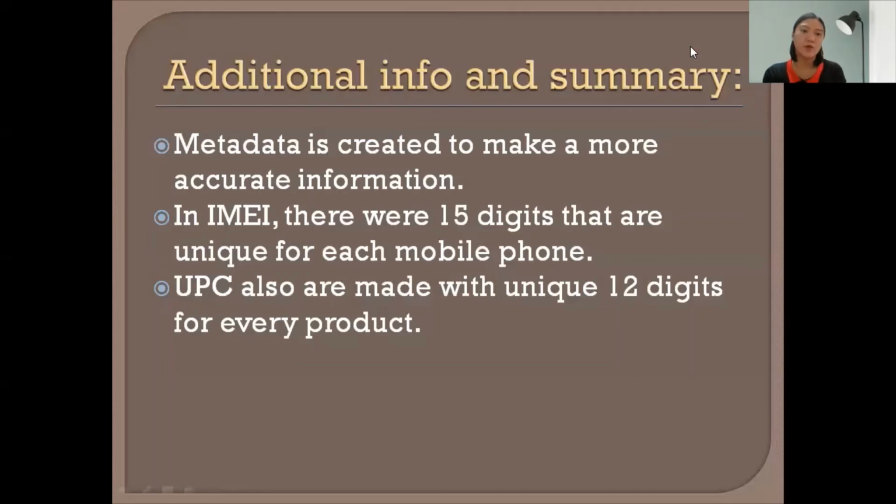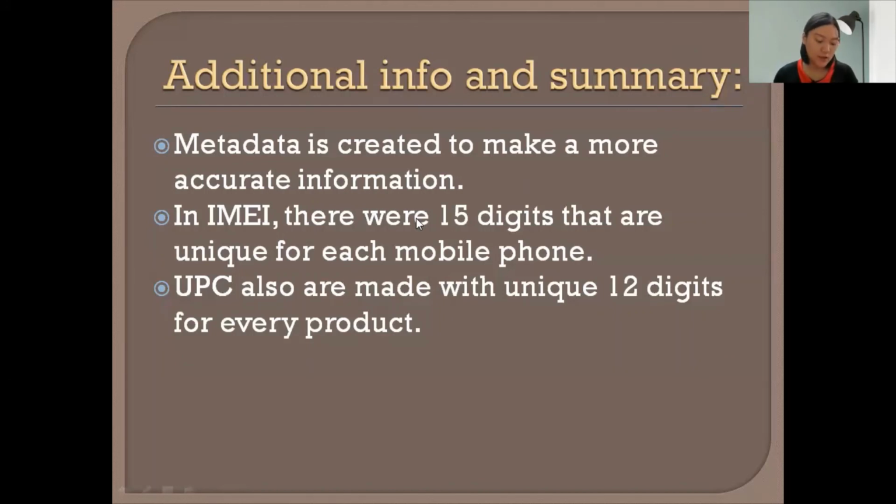For more additional information and the summary of our discussion, metadata is created to make more accurate information. It tells us a part of the data is more meaningful when it's supported with additional data. In IMEI, there are unique digits for each mobile phone.